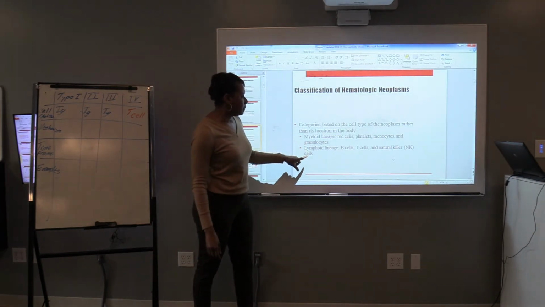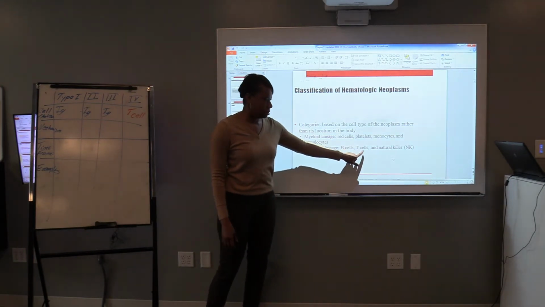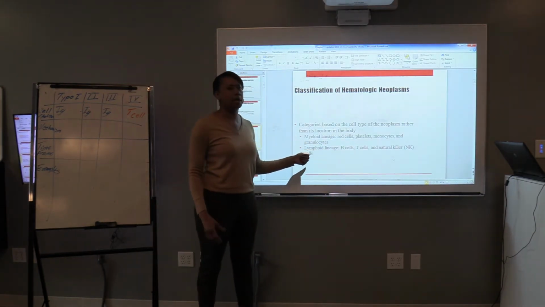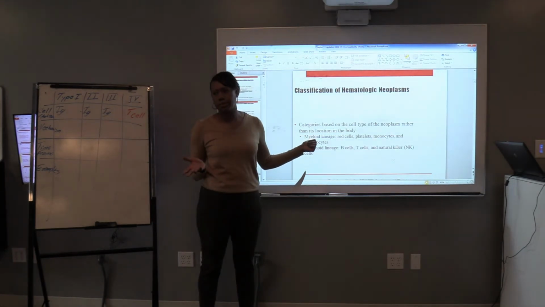Lymphoid lineage are going to be B cells and T cells, and natural killer cells. So anything that's a lymphocyte is a lymphoid lineage. Everything else is a myeloid lineage. So that's the easiest way to memorize it.